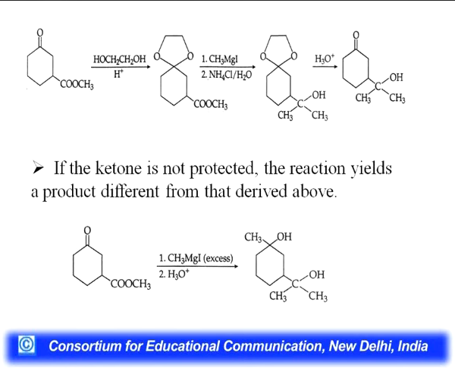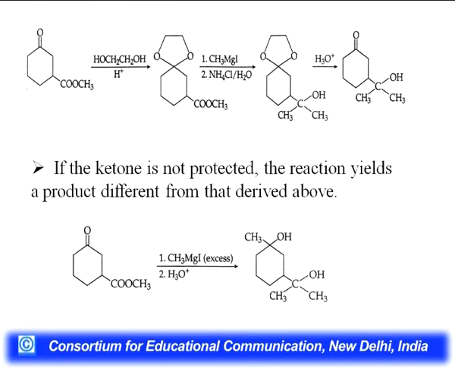For example, you can see here how the ketonic group is protected by formation of dioxolane with the help of ethane 1,2-diol. Then there is a reaction with Grignard reagent, methyl magnesium iodide, followed by ammonium chloride and water.